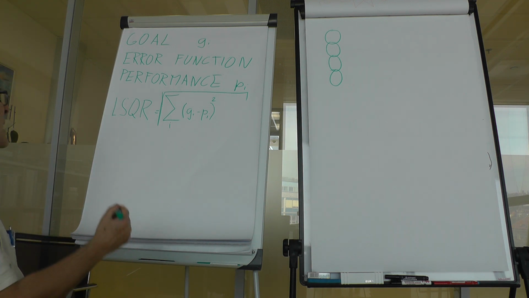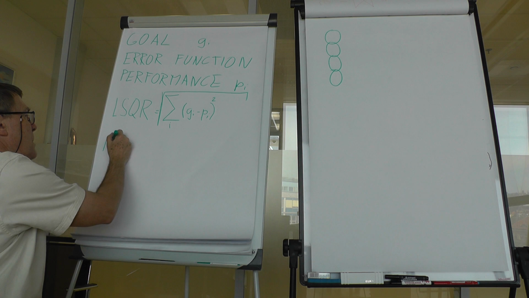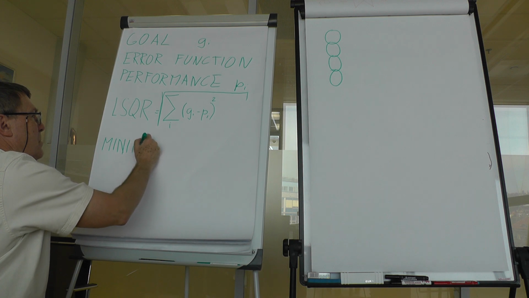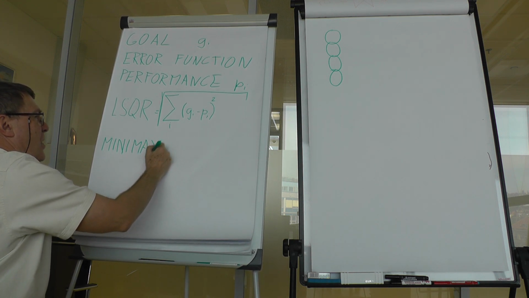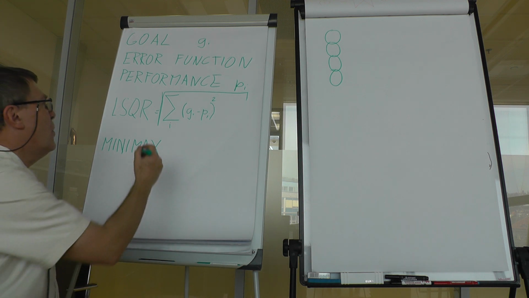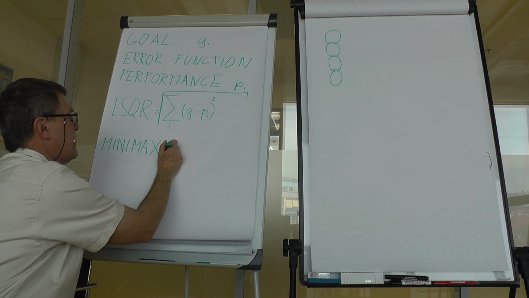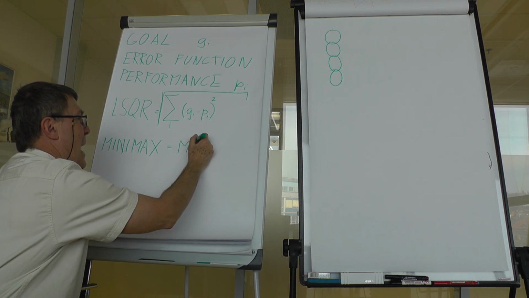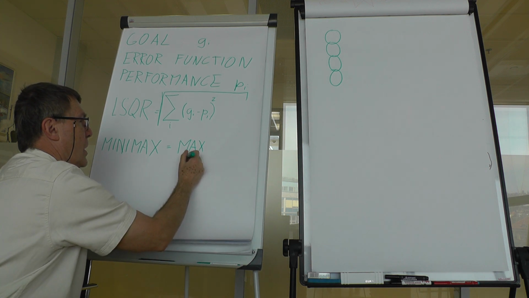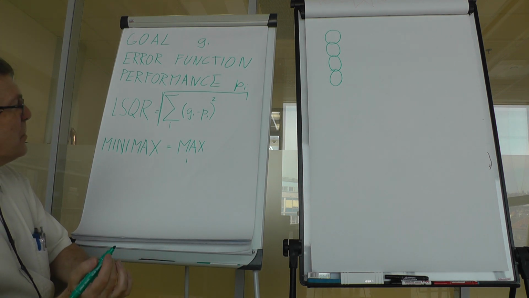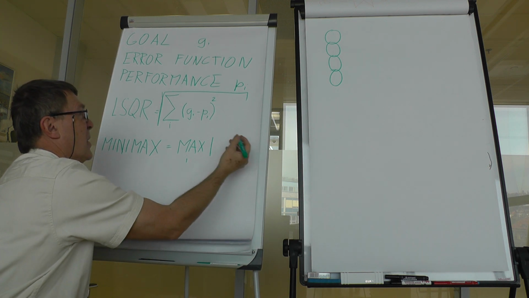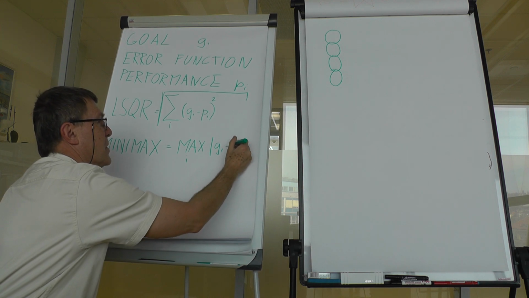So the other possibility, which is mostly called minimization of maximum difference, or abbreviated minimax, would be the maximum over all goals and performances, and the maximum would be taken from the absolute value of GI minus PI.